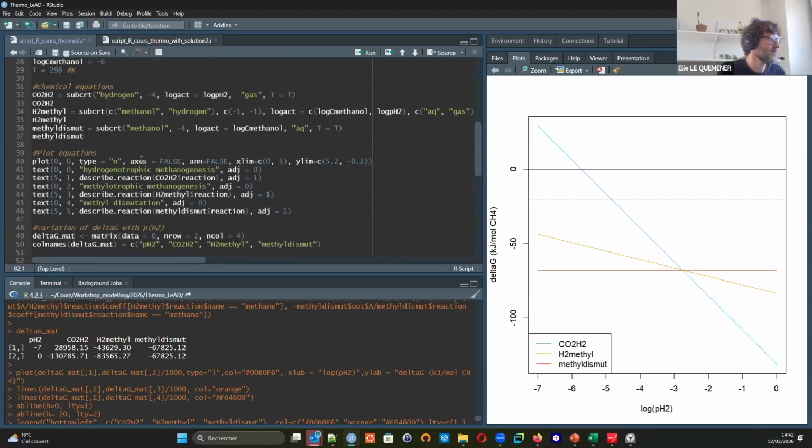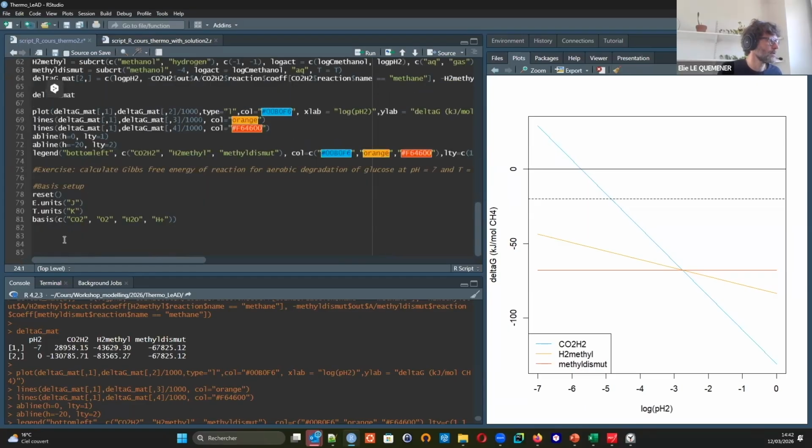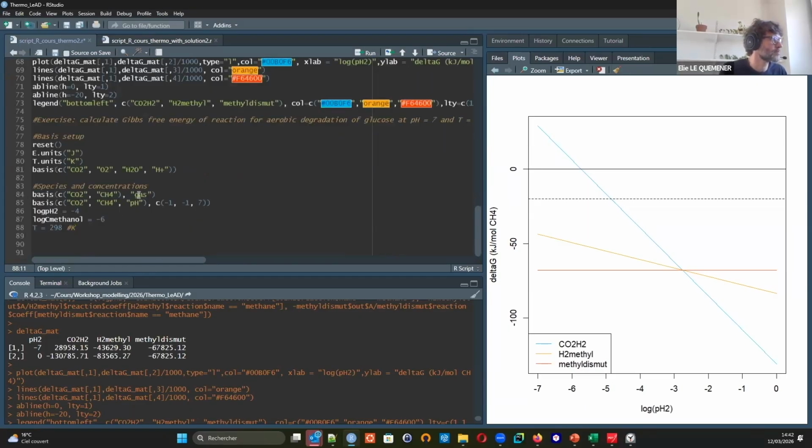Then maybe we want to specify that some of the molecules are, for example, gas. So I want to say CO2 and O2 are gas, and I can specify some concentration. For CO2, I will take minus 2, and minus 1 is good for O2.